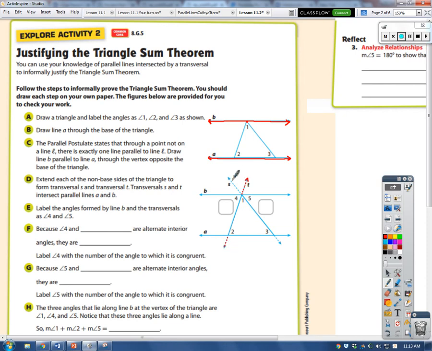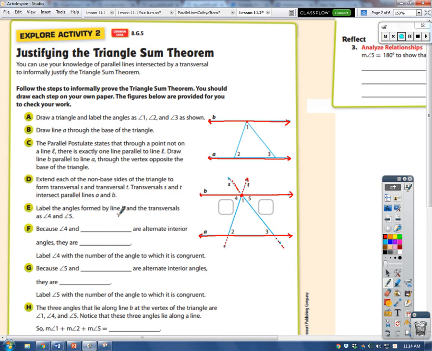And they labeled that transversal T. They extended this one and labeled it transversal S. Again, we still have these parallel lines here, one that runs through this vertex, and this parallel line that is formed from the base of the triangle. And then we still have our angles, angle 1, angle 2, angle 3.